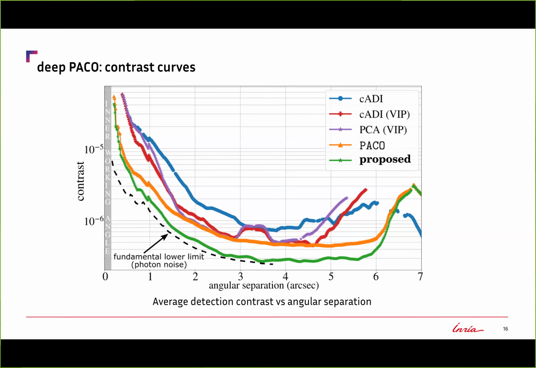And I'm just curious how do we quantify the improvement in contrast because of a reduction in the noise floor versus an improvement in contrast due to better detections? So the question is where does the boost in performance come from? Is it because of the statistical model, because of the learning that is behind it?